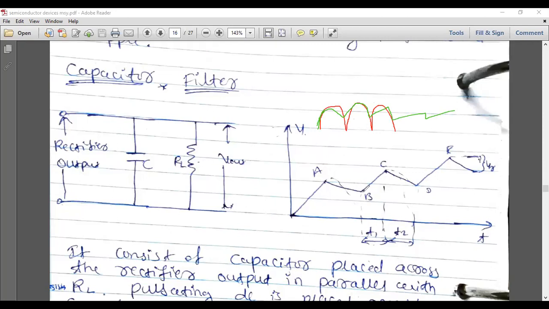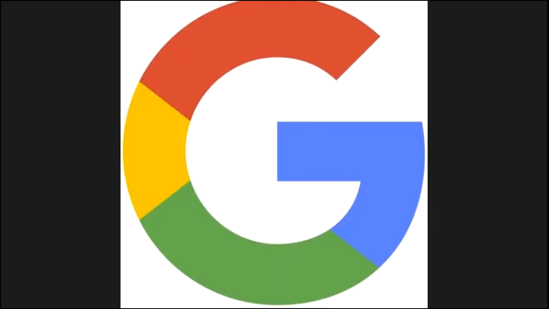Like that we are maintaining the DC output within some range, between two limits. So it completes the full wave rectifier with filter, or capacitive filter with full wave rectifier. We will stop here and continue in the next class.